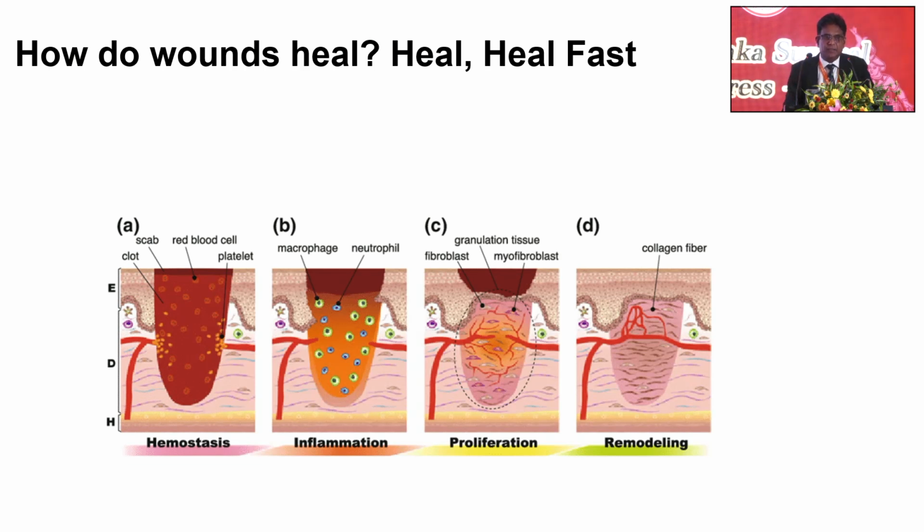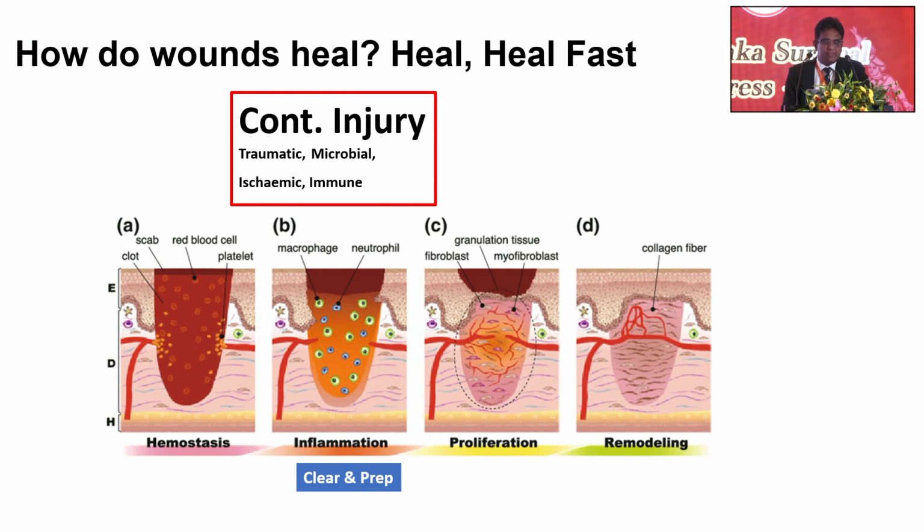Back to the original wound phases, and here we find that the natural process of clearing and prepping fails, due to continued or excessive injury. Either it's traumatic, repetitive trauma from neuropathy, or it's microbial or ischemic, or an immune problem.